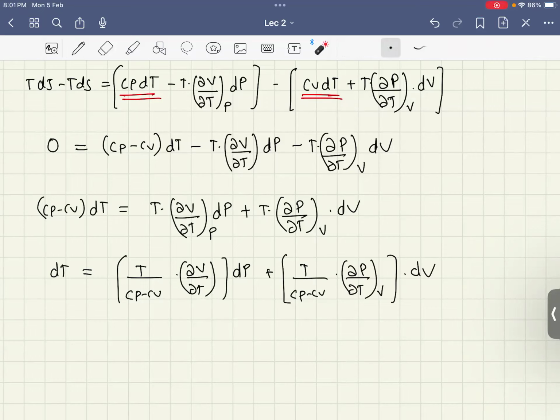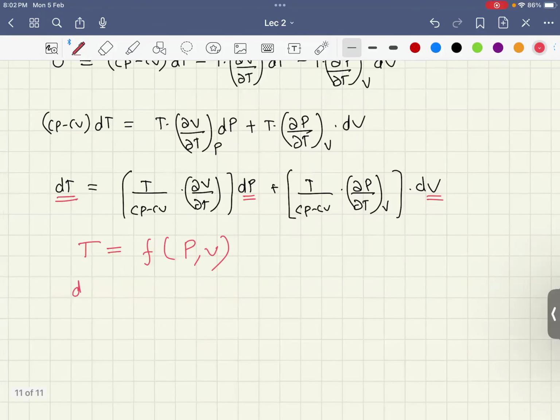But what do you see here? It is as if we are writing T as a function of P and V. That means if I expand this, it is (∂T/∂P)v dP plus (∂T/∂V)p dV.